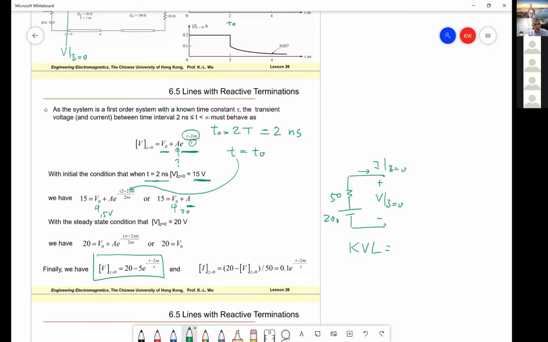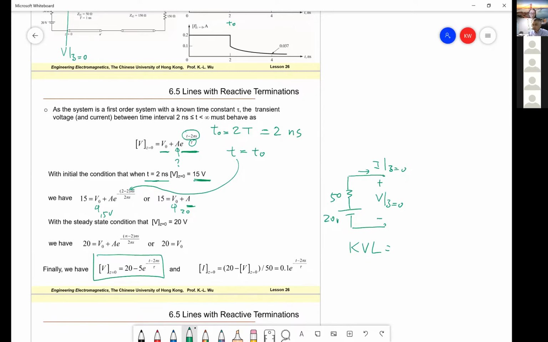So that means you see all our subjects are interrelated. Why we emphasize those basic circuit theory, right? Because the circuit theory we use all the time.